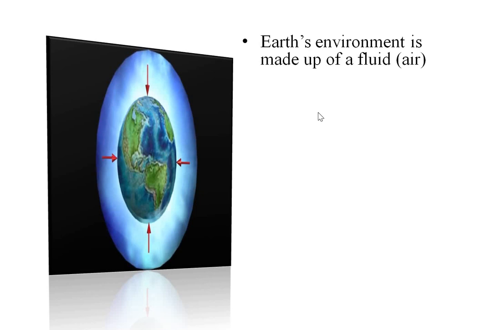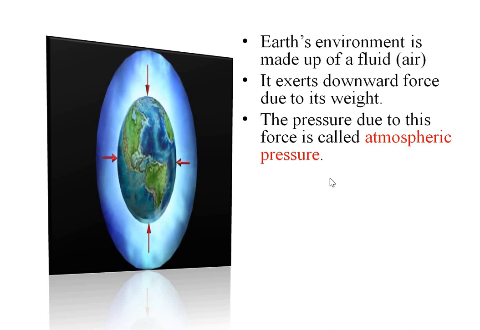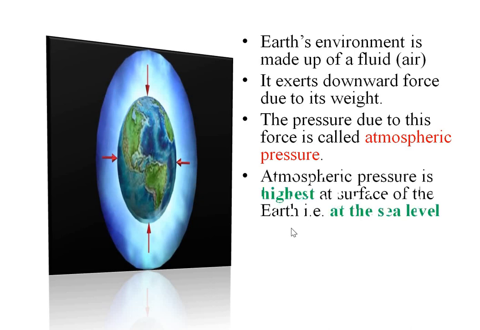Again see this image. Earth's environment is made up of a fluid, that means air. So it exerts a downward force due to its weight. The pressure due to this force is called the atmospheric pressure. And atmospheric pressure is highest at the earth, that is at sea level.